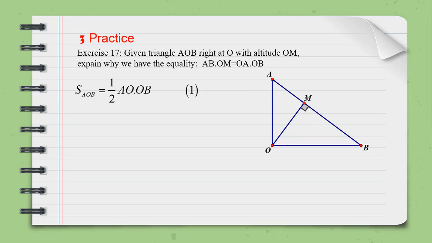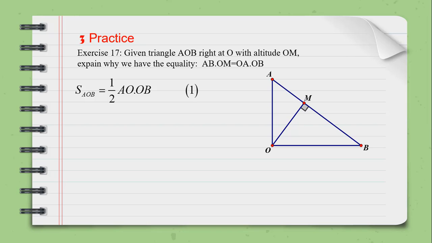Since AOB is a right triangle, its area is 1/2 of AO times OB. But a right triangle is still a triangle, right?